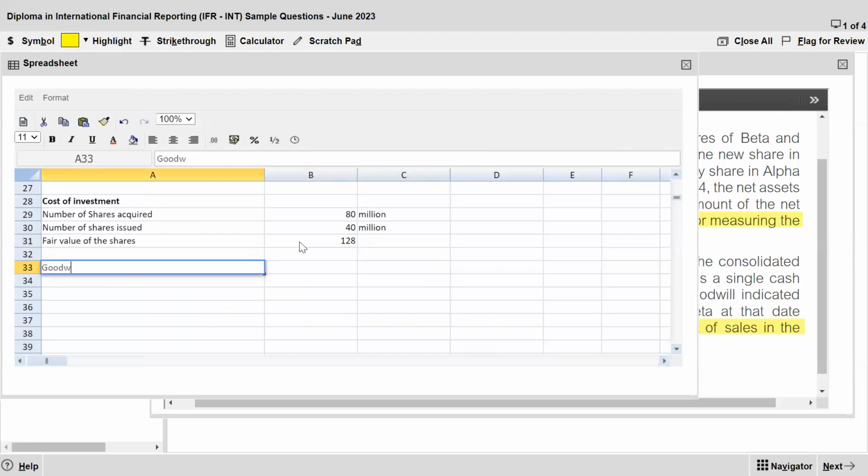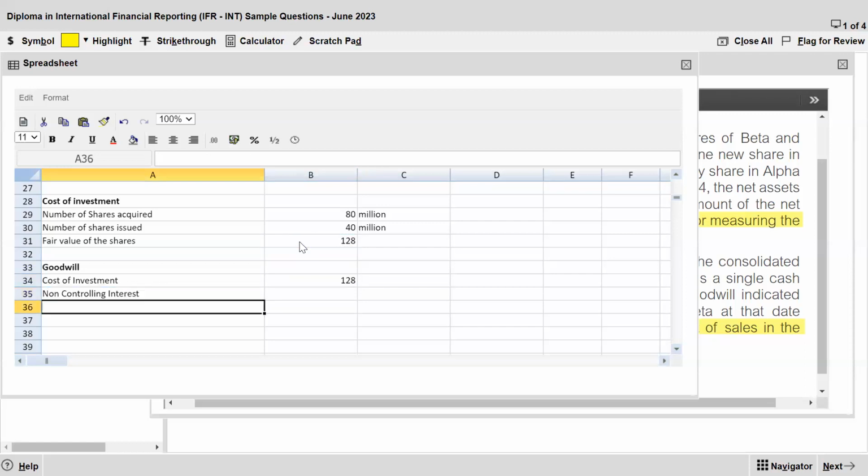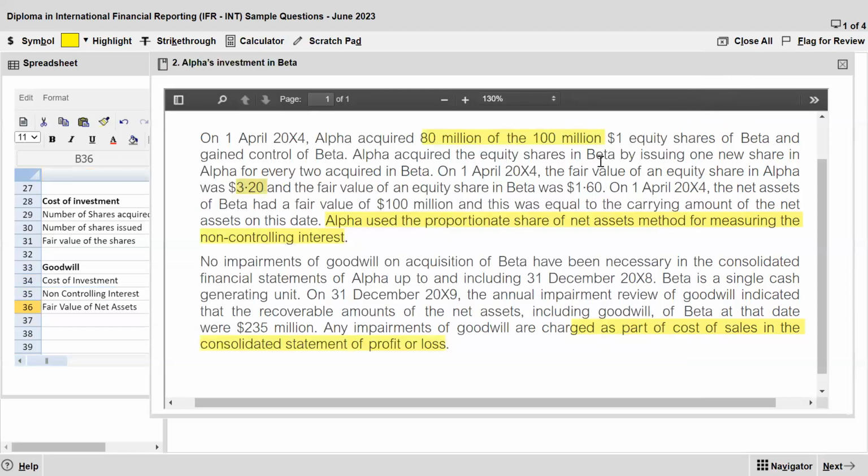Now, to calculate the goodwill, the cost of investment is going to be this. You would have to calculate the non-controlling interest, and then establish the fair value of net assets. Does it give the fair value of net assets? It says that Alpha uses the proportionate share method.